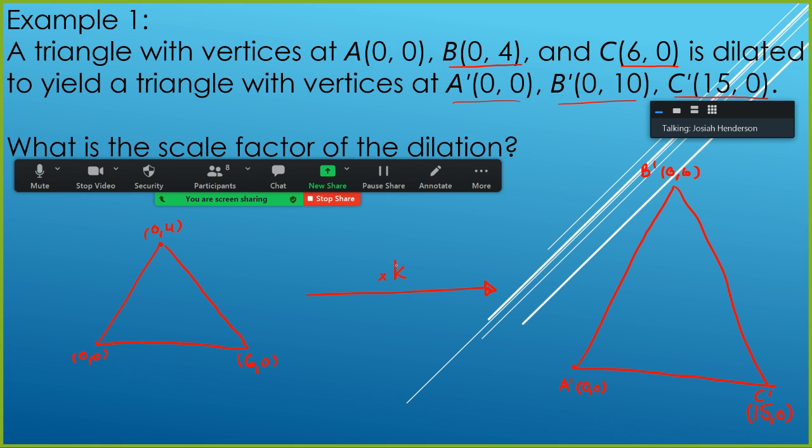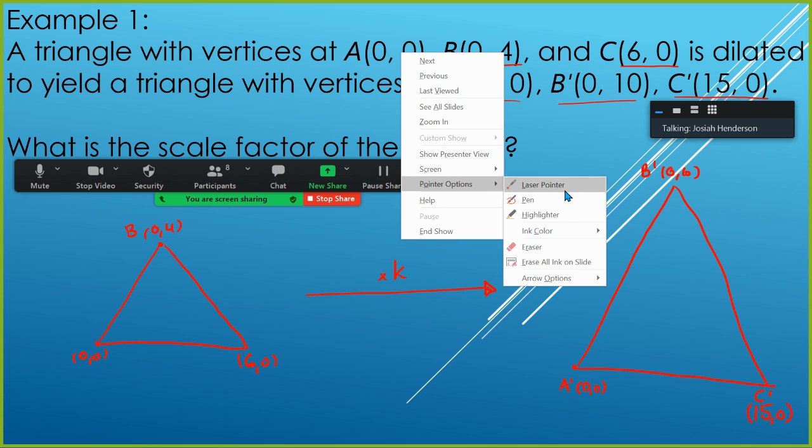The same thing that's happening to the side lengths themselves is happening to the coordinates. So if we compare an original point to its ending point and plug those into our formula for dilations, we can work backwards and solve for what the scale factor, or the dilation, is. I'm going to change my color quick.